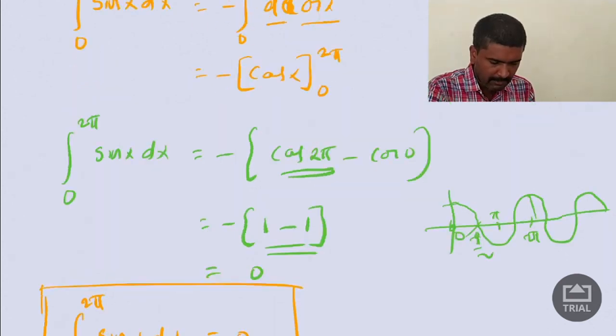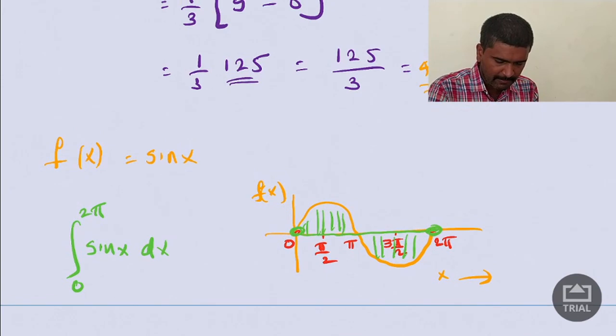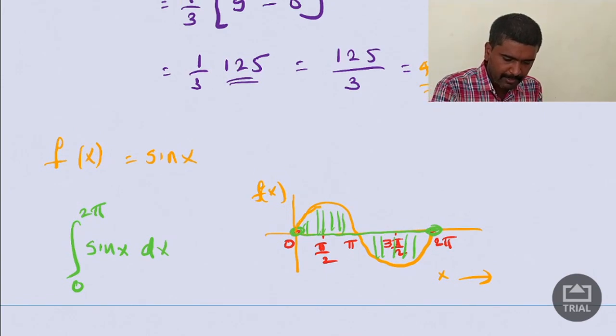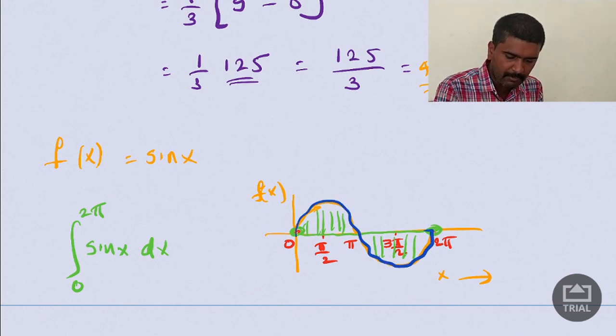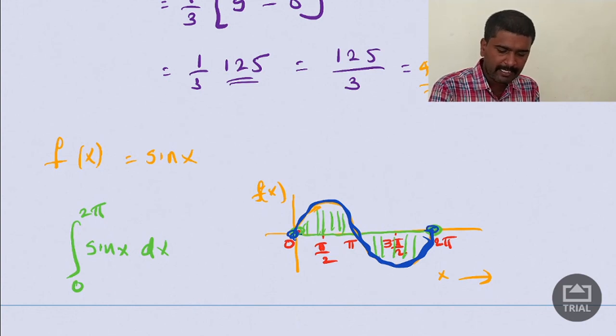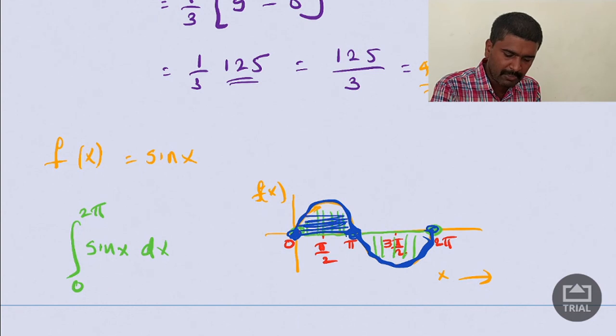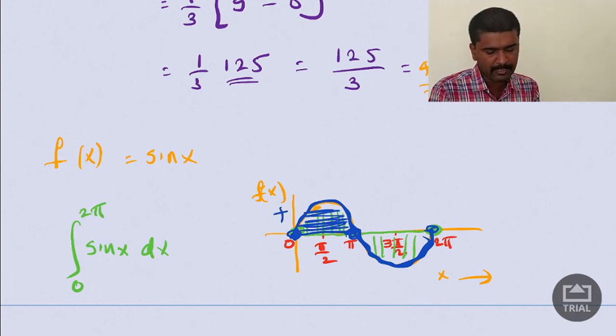Even graphically you will get the same result. Look at this. Here I am taking the sine function, and I want to integrate this function from 0 to 2 pi. When I integrate the function from 0 to pi, I get a positive area because the values are positive.